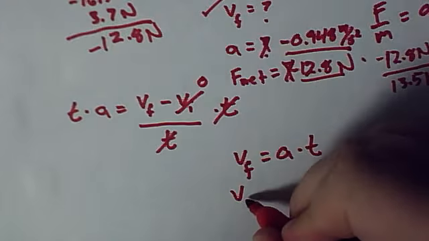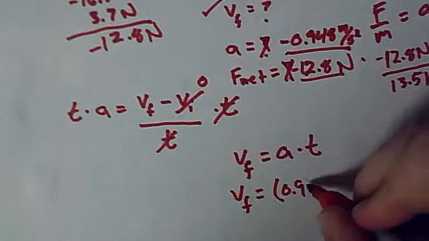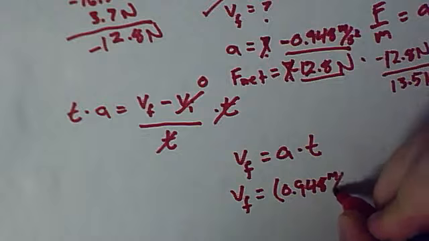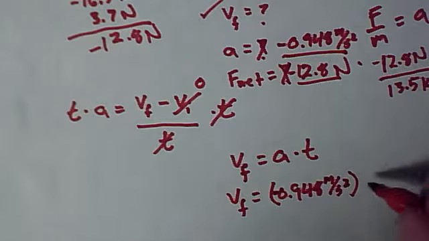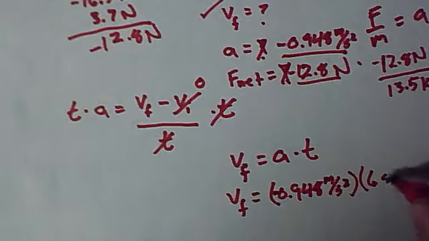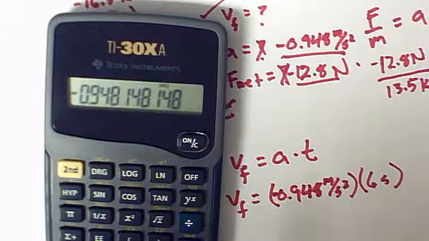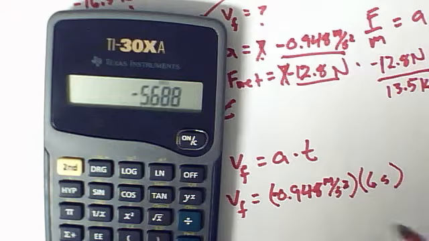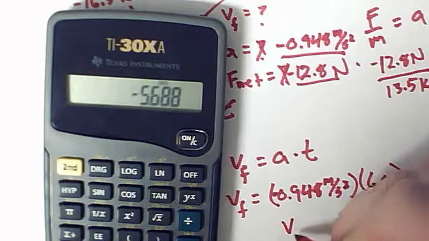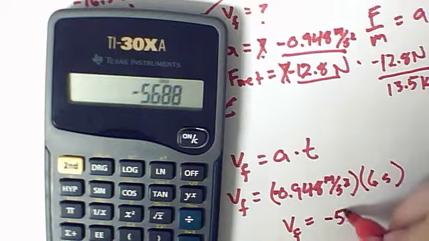So my final velocity is 0.948 meters per second squared, and that's negative, times my time, which is 6 seconds. So I take negative 0.948 times 6, which equals my final velocity, a negative 5.